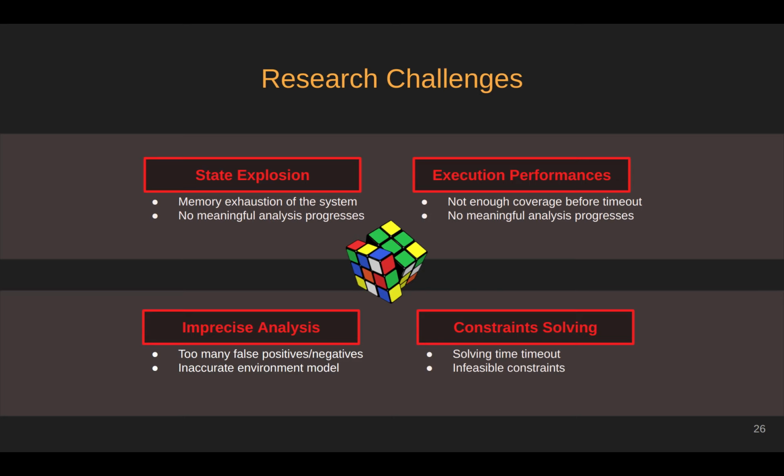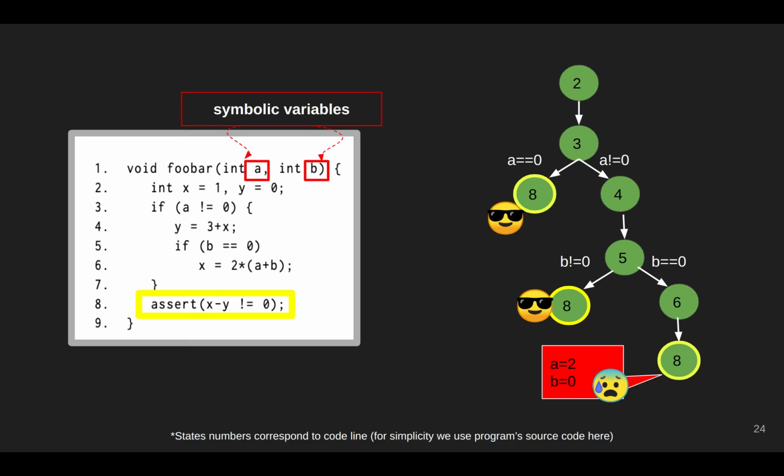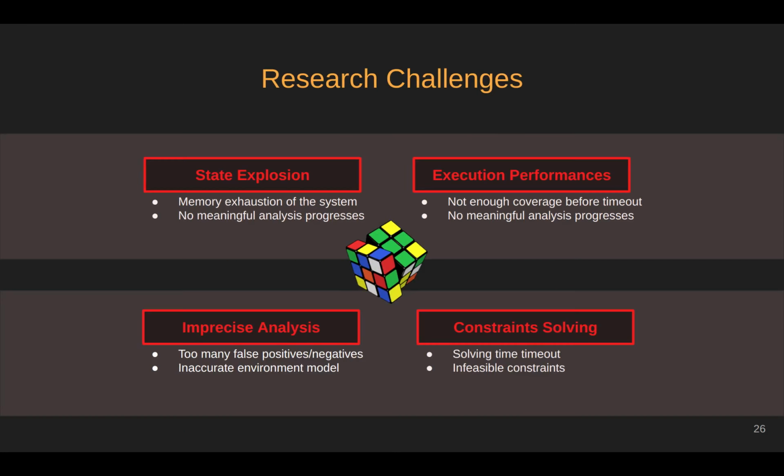If you have too many states, you're exploring one state at a time, let's say on a single thread. So at some point you're exploring one state out of a million, and you're not making any meaningful progress. Maybe you're exploring a state that doesn't lead anywhere useful, whereas you're interested just in the one on the right here, but the rest are fine. So you have state explosion.